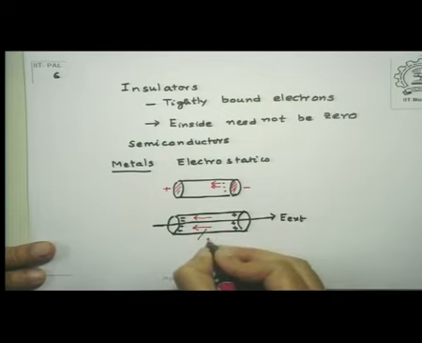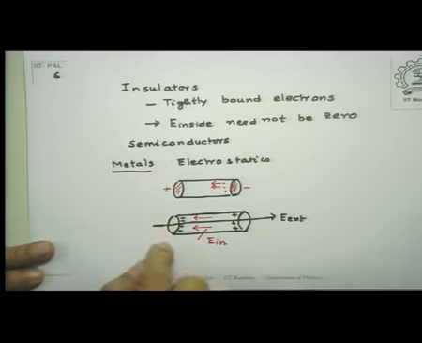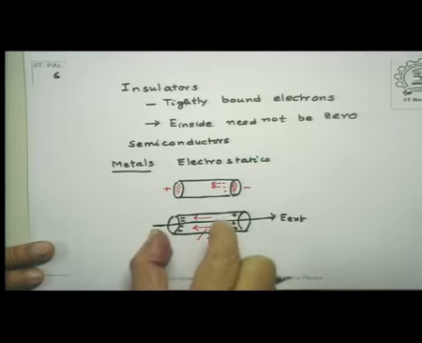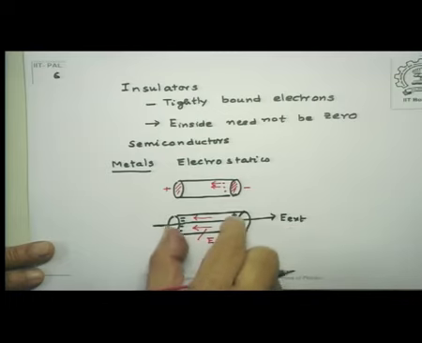So, let us call it E in, and this will go on till the field inside, which was E external to begin with, has been exactly cancelled and there is no longer any field around there.